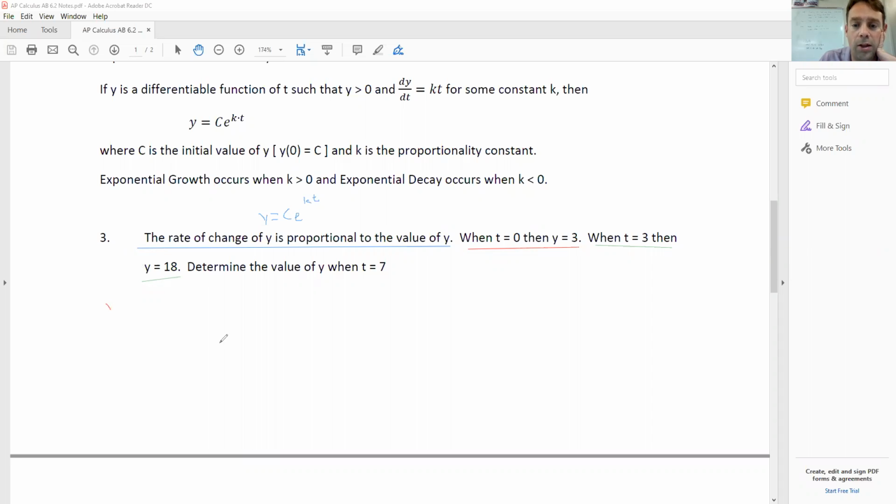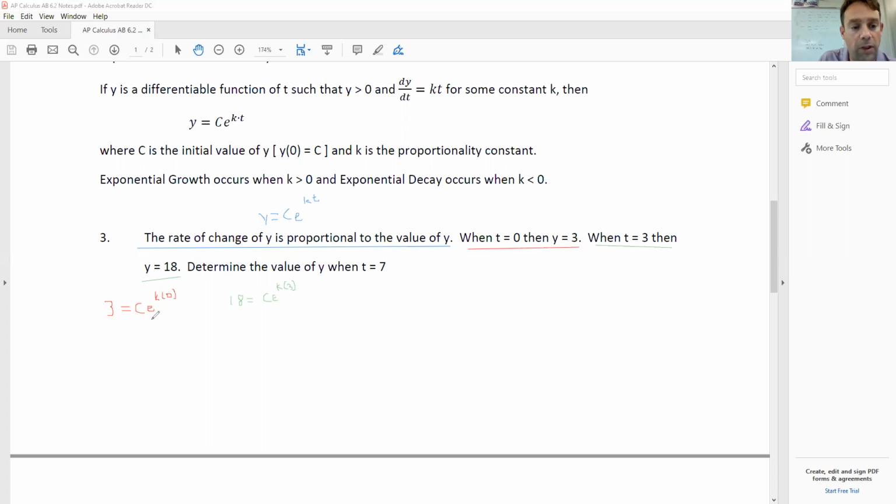When y is 3, t is 0. When y is 18, t is 3. And what we're going to end up doing here, friends, is really just solving a system of equations.